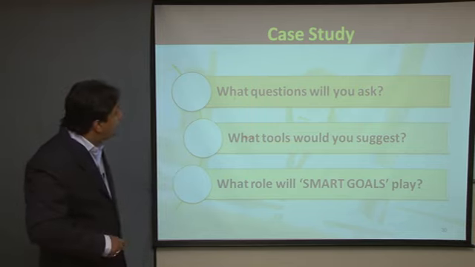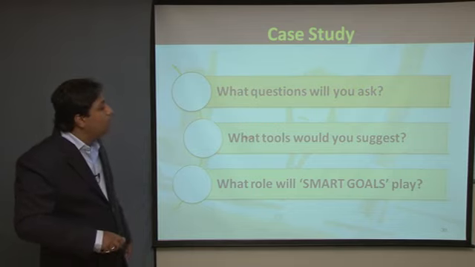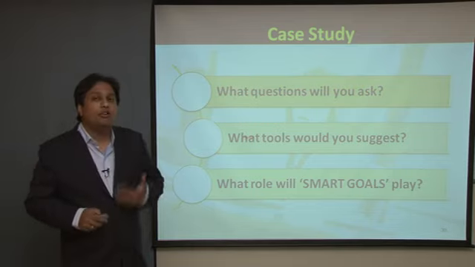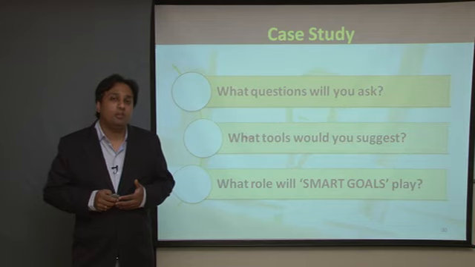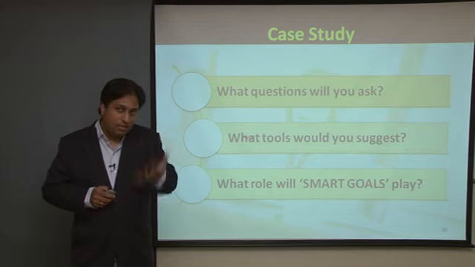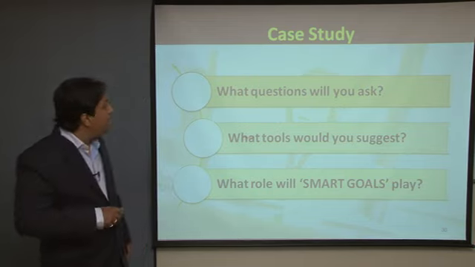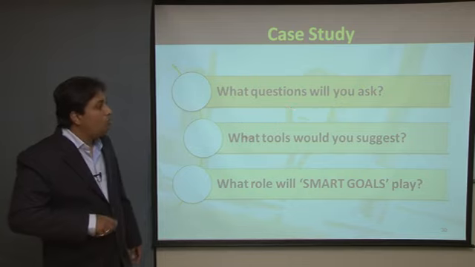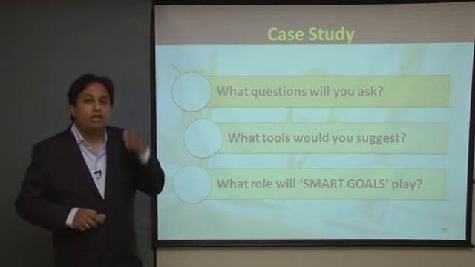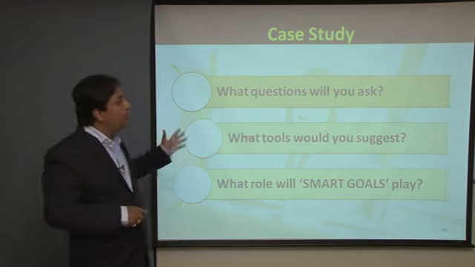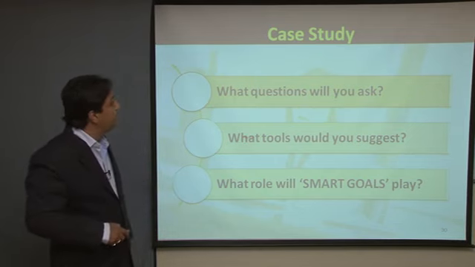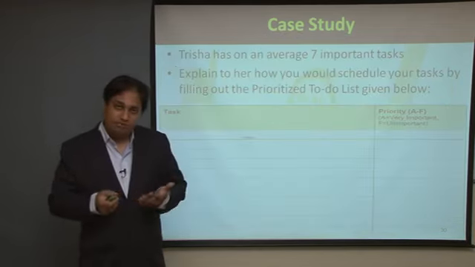And finally, what role will SMART goals play in helping Trisha with these particular problems? So as a manager, please write extensive notes on what you feel about these three primary questions related to this particular case study.